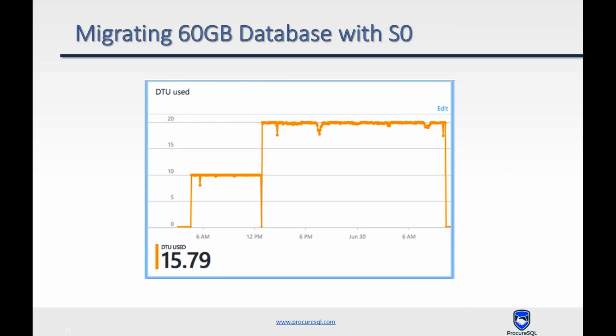And the reason why is because I'm looking at the rows of data as this is being populated, and it's nowhere near being close to completed. In fact, if you look at the graph here, you're going to see I actually switched from S0, which limits you at 10 DTUs, over to 20, and it still wasn't really helping me.